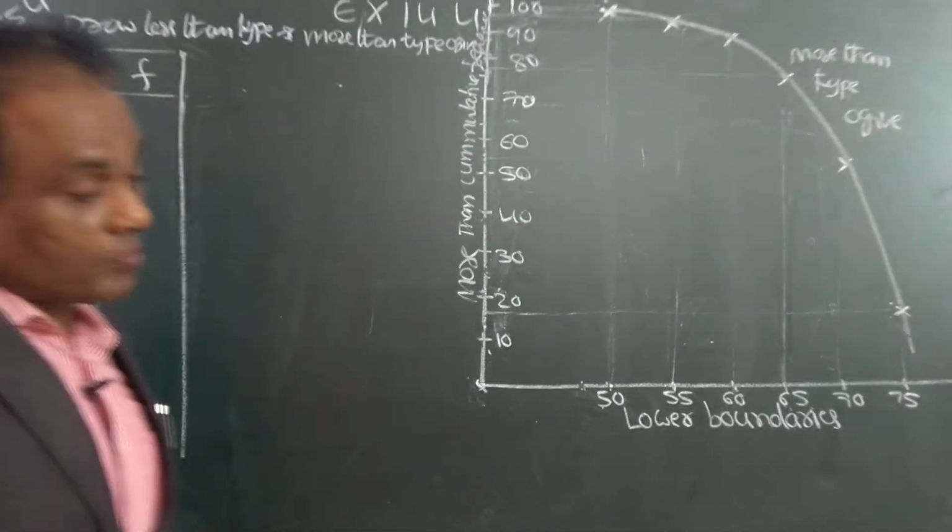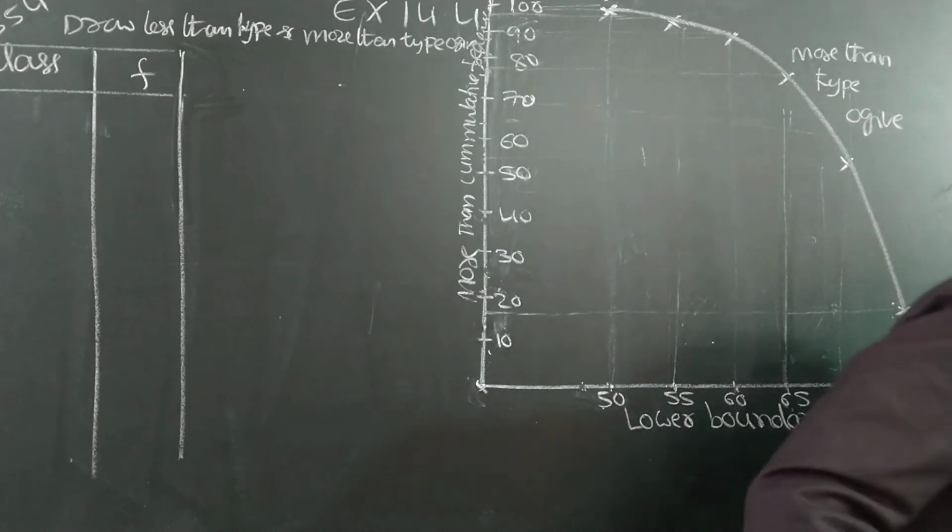Draw less than type and more than type both the curves for this data.